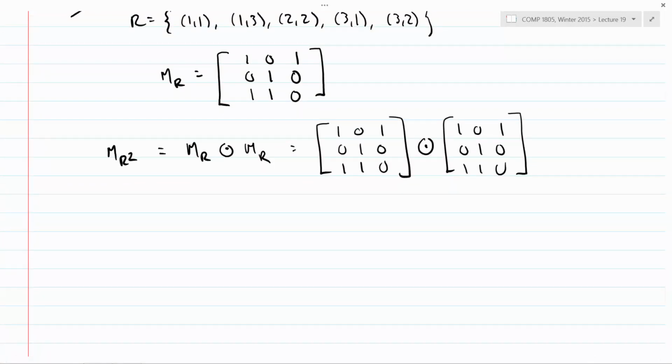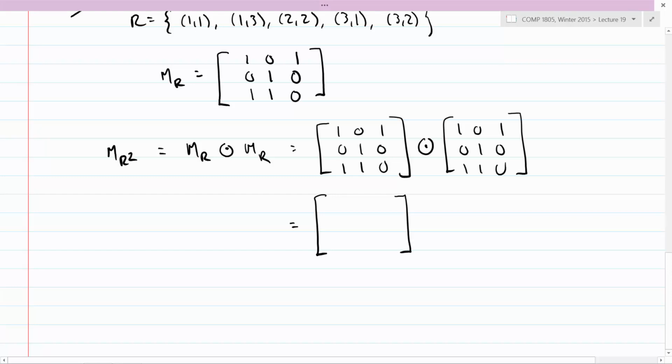All right, so to refresh your memory, the way matrix multiplication works is if I multiply two 3x3 matrices, I'll get a 3x3 matrix. That's my answer. And the way I compute it is I look at the rows of the left matrix and the columns of the right matrix. So to get the first row, first column, I look at the first row of the first matrix and the first column of the second matrix. And now I look at the corresponding entries.